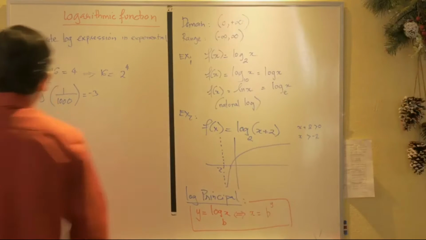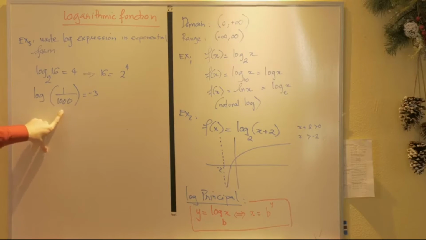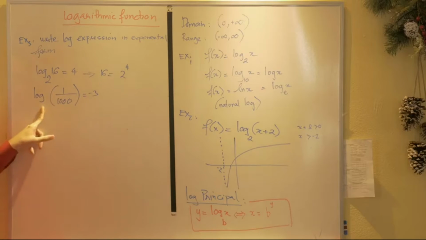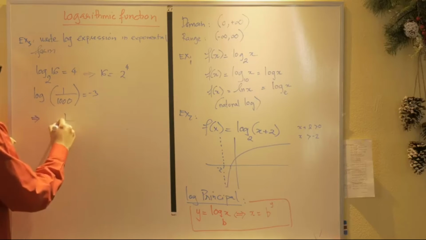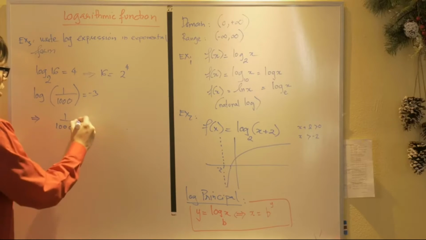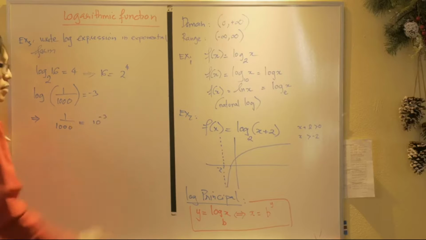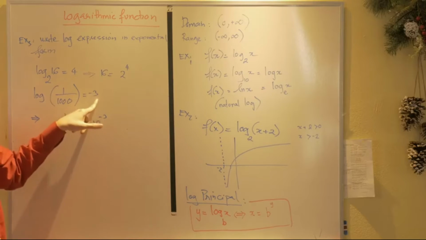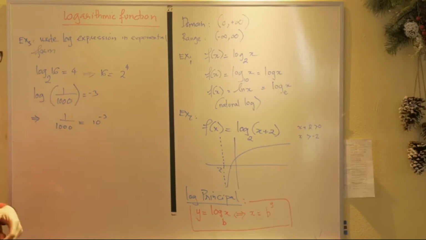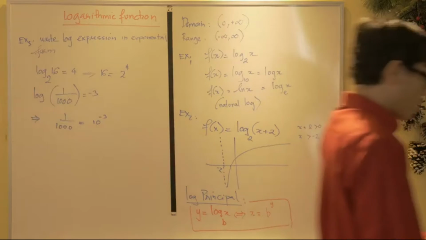So I have 1 over 1000, and I know the b is 10. How am I going to write it? X is 1 over 1000, so this implies 1 over 1000 equals 10 to the negative 3. The base b, kick it up and raise it to the negative 3 power. Very easy, huh?